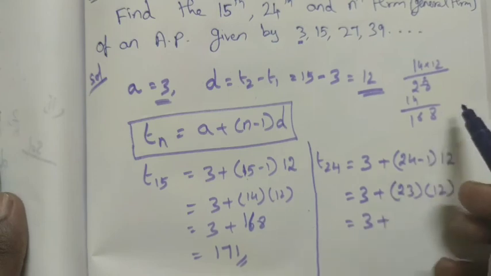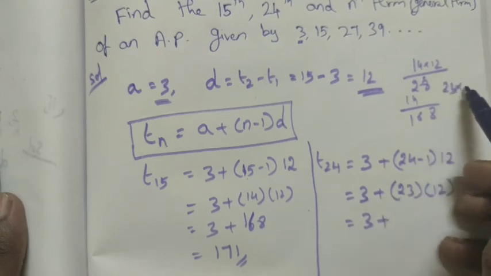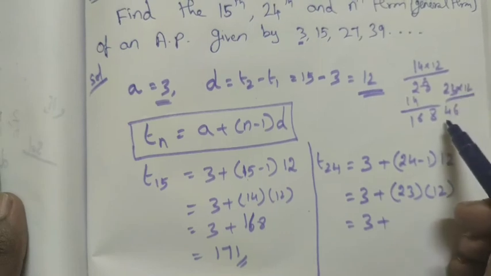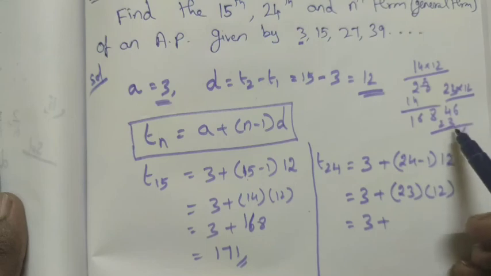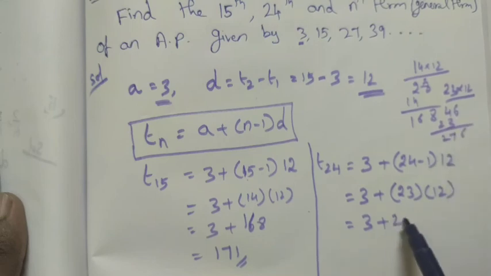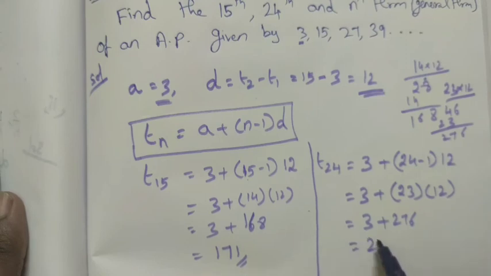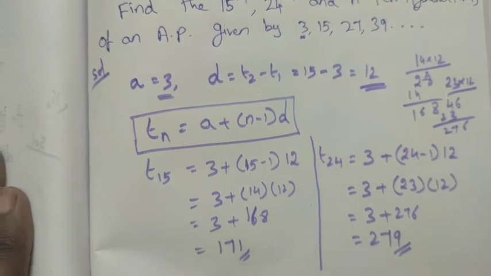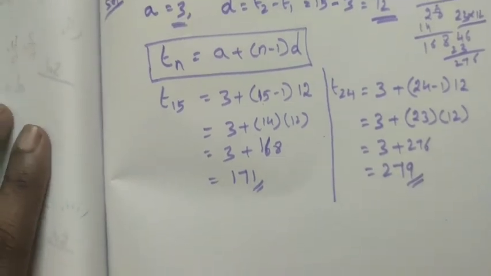What do you get? 2 times 23 is 46, one time is 23, 6, 7, 276, right? So 276 plus 3 is 279, which is the 24th term. T15, the 15th term, is 171. We have to find the nth term.